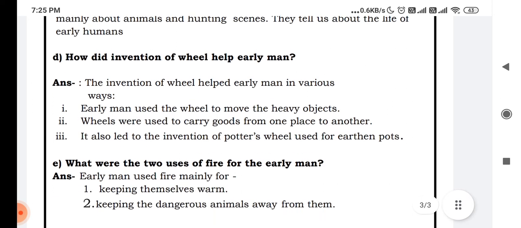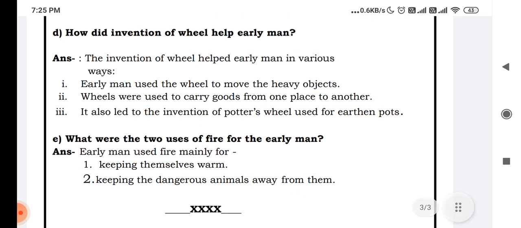D. How did invention of wheel help early man? Answer. The invention of wheel helped early man in various ways. 1. Early man used the wheel to move heavy objects. Number 2. Wheels were used to carry goods from one place to another. Number 3. It also led to the invention of the potter's wheel.